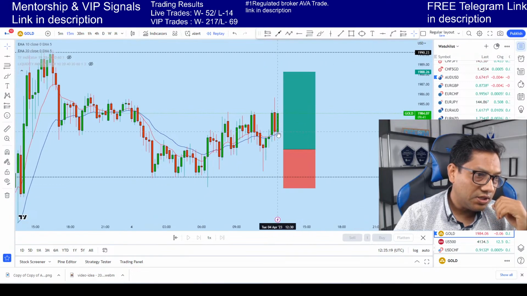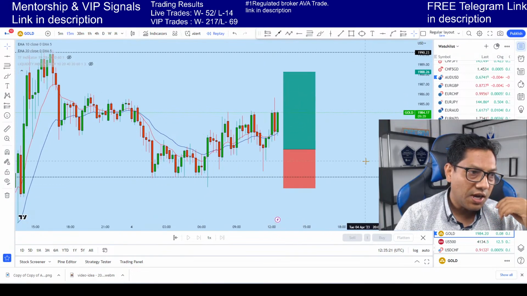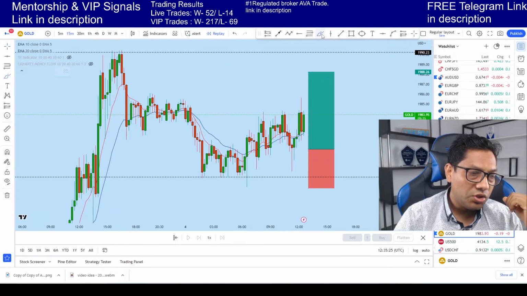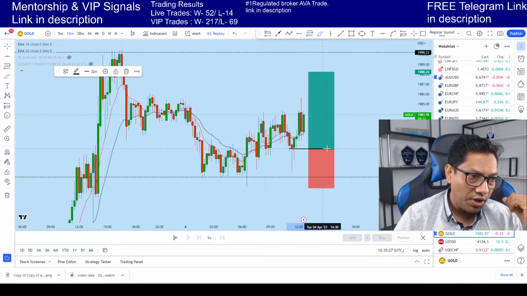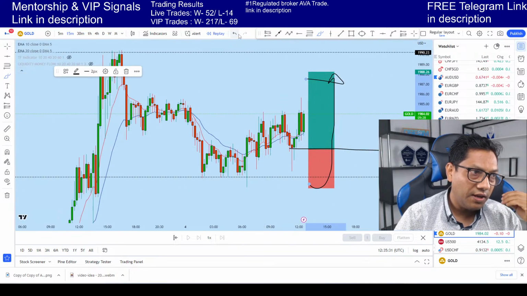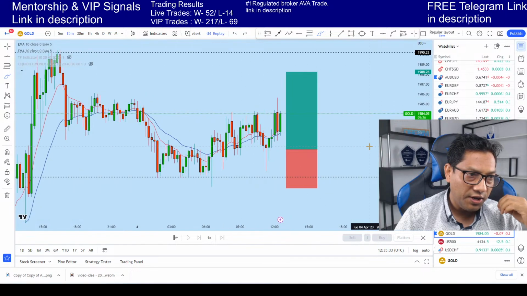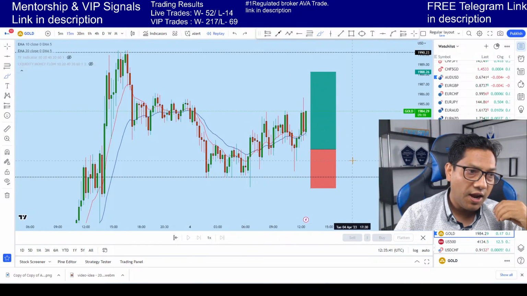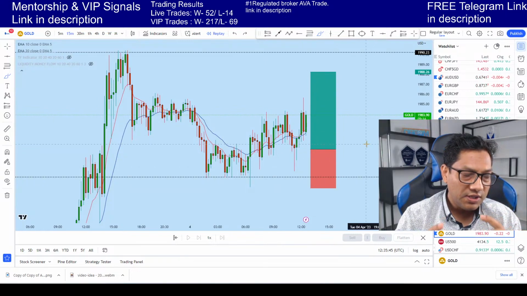Now let this structure be broken to the upside, and then in this live we will bring our stop loss to entry, and then we can make the trade break even and run a risk-free trade. Let's see how this current one is closing. If this one cannot break this high, cannot go above, cannot create a new higher high, we will be closing with the running profit. So this is the update on the gold trade that we are running.